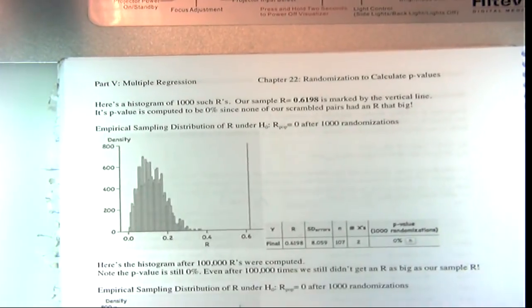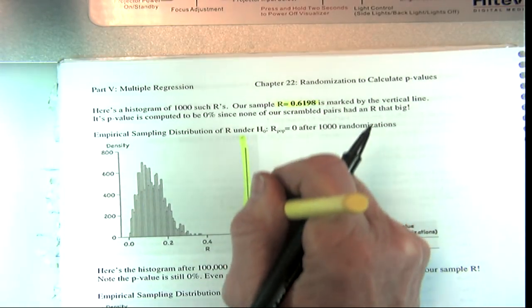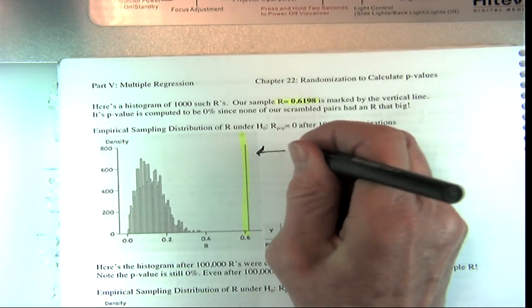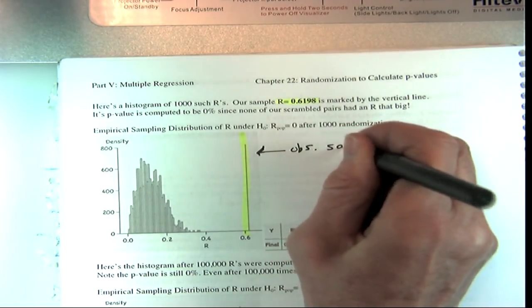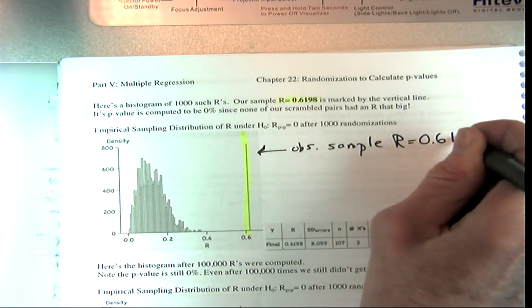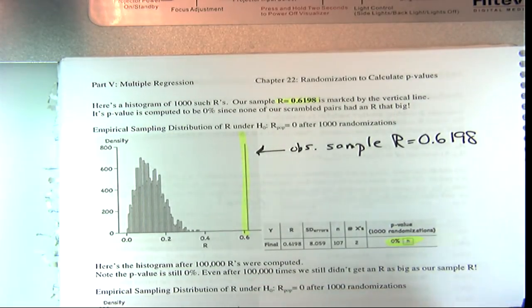So you can see you get this right there. That, again, is our observed sample R. And now it's such a high correlation that I never got anything but 0.